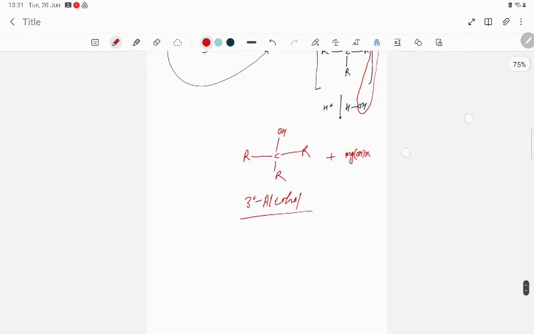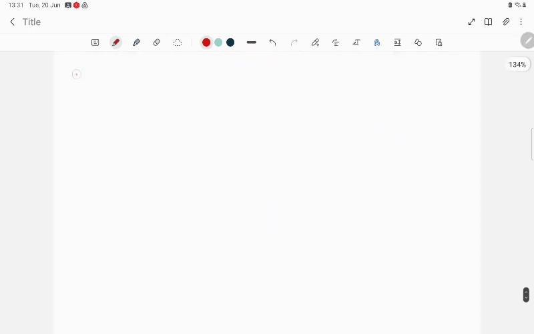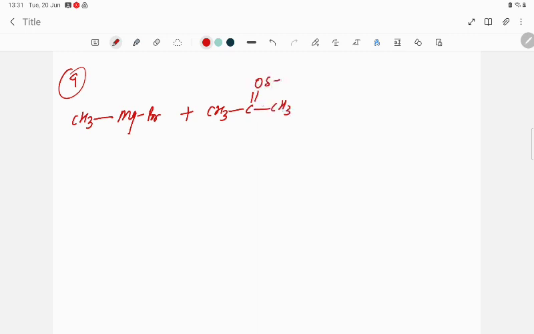Right, now we are going for question number 9. Let us see example number 9, student. Suppose we have CH3MgBr, and you are treating it with acetone. We have taken simply the acetone. So partial negative, partial positive: this is negative, this is positive, this is negative.